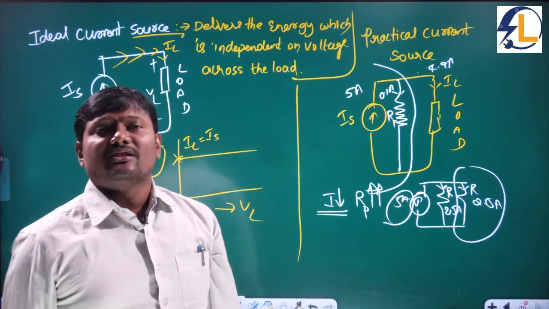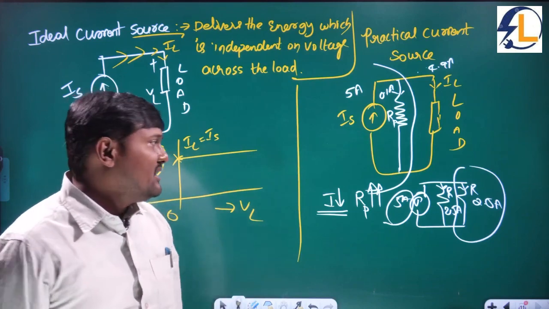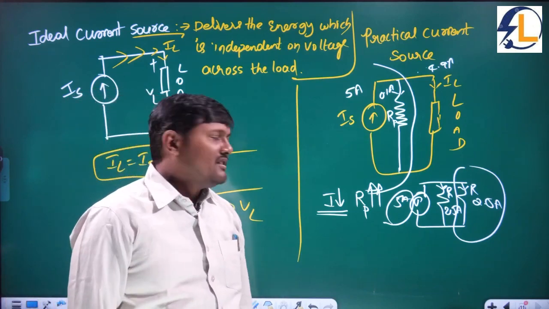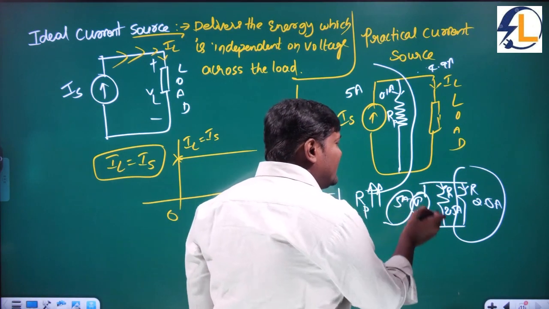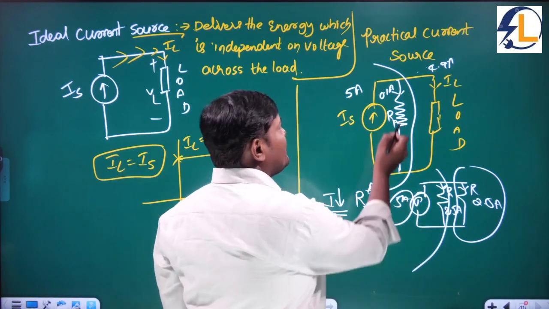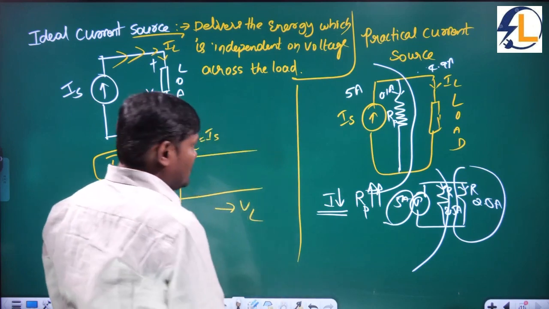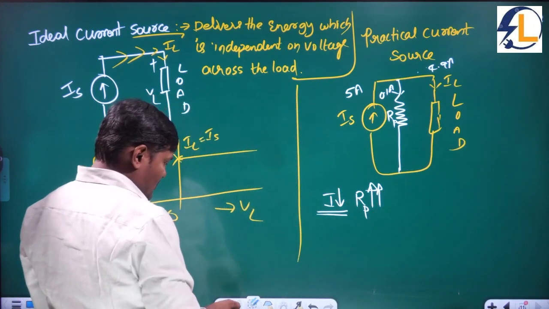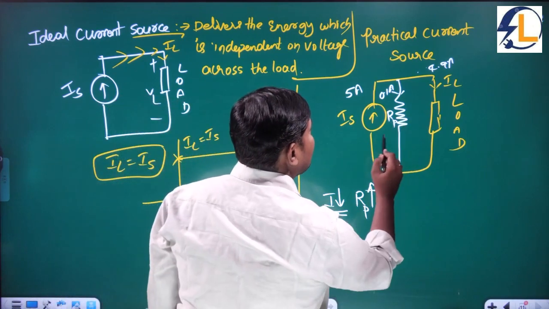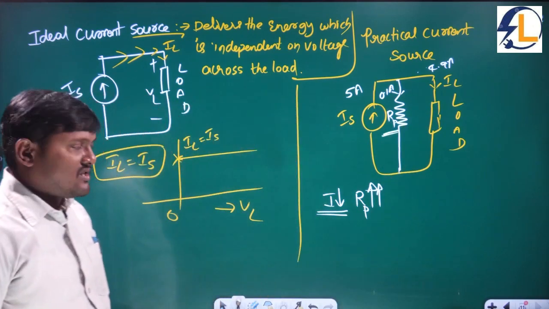Half of the amount, that is 50%, is wasted. So that's why you have to decrease the current which is flowing through RP. So you can increase the RP resistance value.